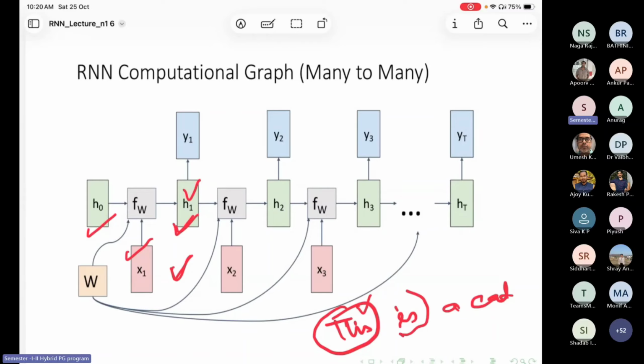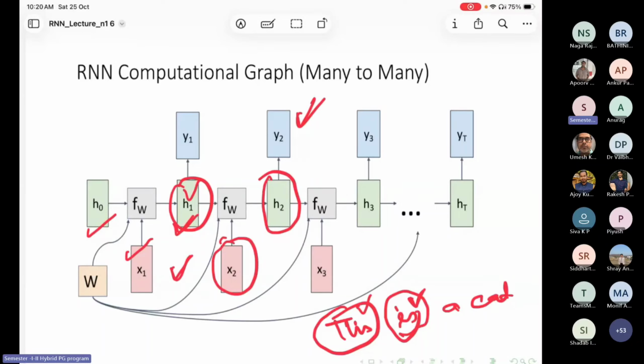And again, when I process "is", I'm here, and with the help of this and this, I generate h2, and then with the help of h2, I predict the output. So at this point, I'm not directly predicting the output based on "is". Instead, I take the help of h2, and inside h2 I have the information of "this" and "is" both.